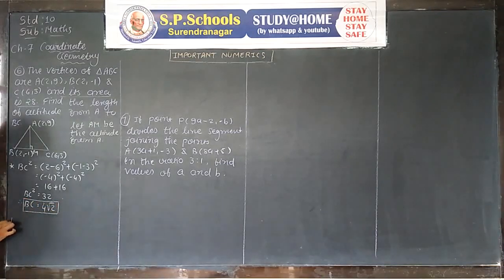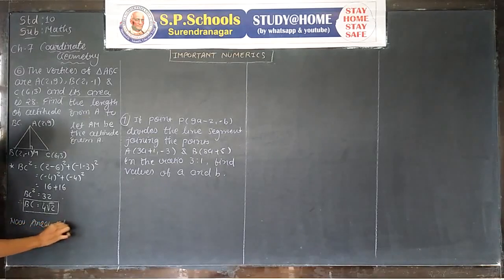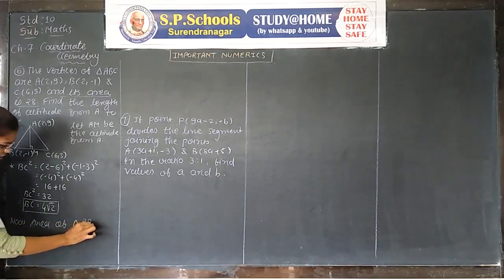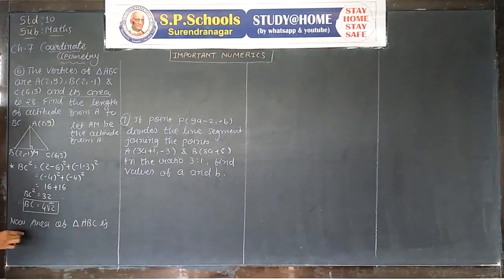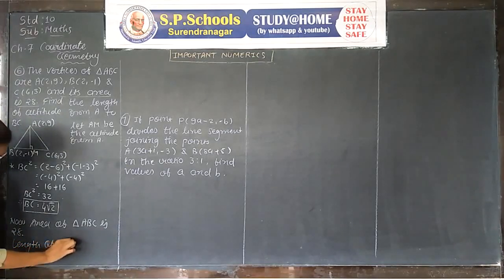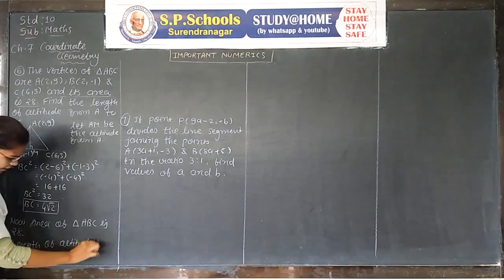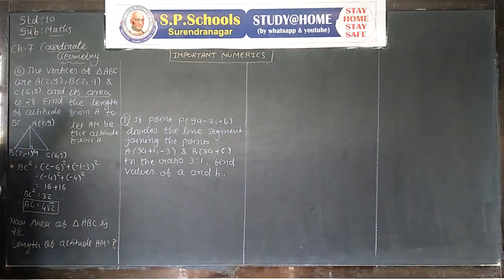Now the area of triangle ABC is 28. The length of altitude AM is equal to question mark.